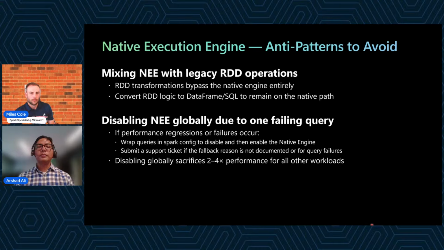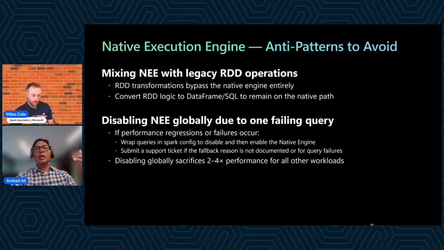There might be a situation where you have tens of queries and one of them is failing, or you have a long running job and part of that job is falling back to the JVM. What we would suggest in that case is, instead of disabling it at the global level or for everything, you disable it only for the part where it's failing back.